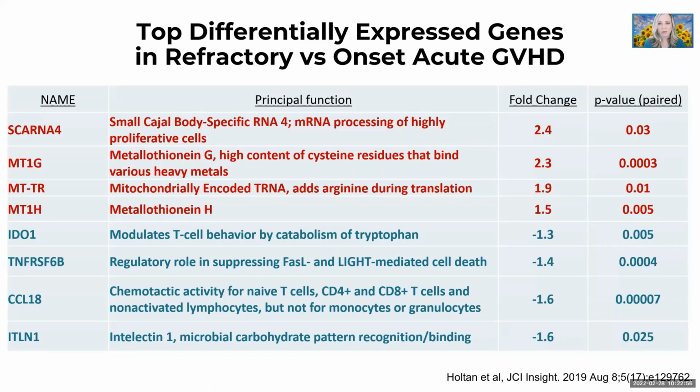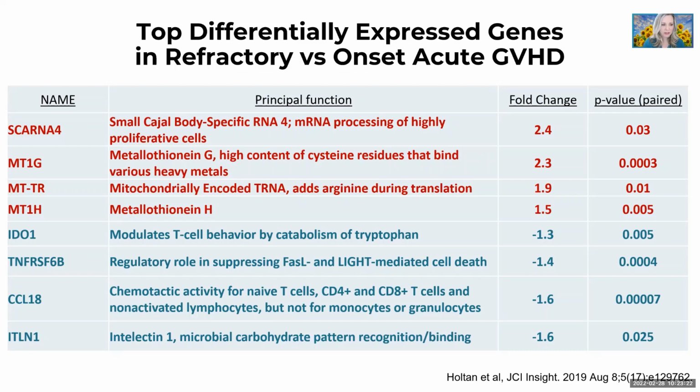Looking at the top differentially expressed genes in refractory versus onset GVHD, we see multiple genes associated with cellular stress and DNA damage. So increased expression of SCARNA4, 2 metallothionein genes, and a mitochondrial encoded tRNA gene, all increased in steroid refractory GVHD.